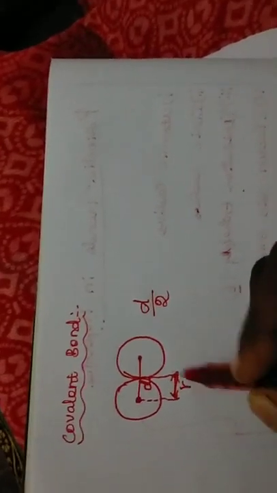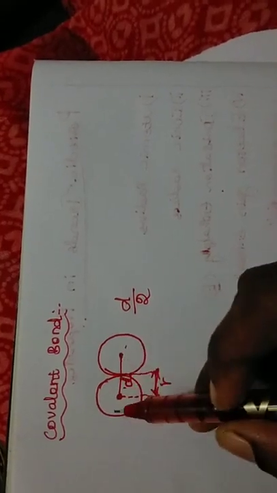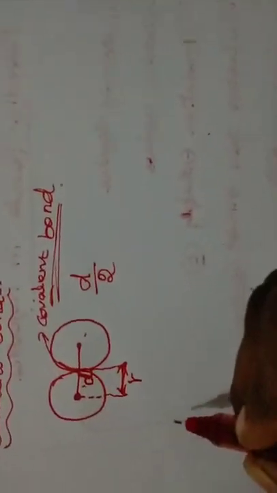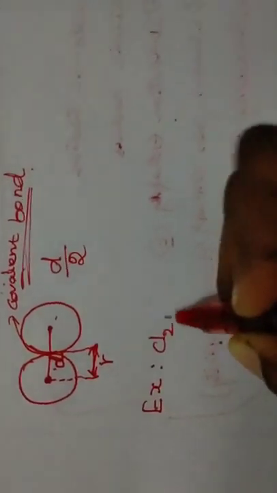This is known as R. That means the atomic radius of this one atom. Okay. So we can easily calculate this by 1/2 of the internuclear distance between two identical atoms linked together by a covalent bond. For example, here we take one example, the Cl2 molecule.